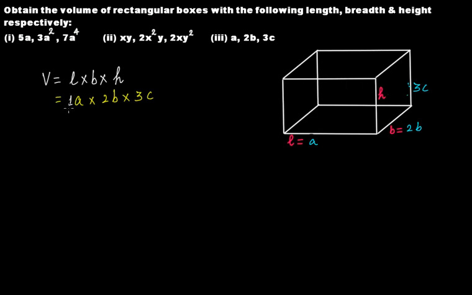So now 1, 2 and 3, group them together. So 1 multiplied by 2 multiplied by 3 and multiplied by a, since the other monomials don't contain a, similarly write b, similarly c. This is 3 times 2 is 6abc. Okay, now let's move to the next one.